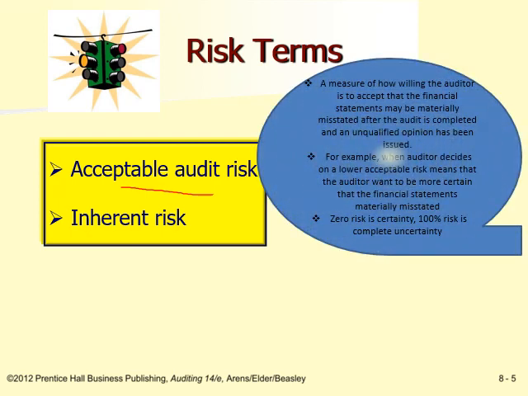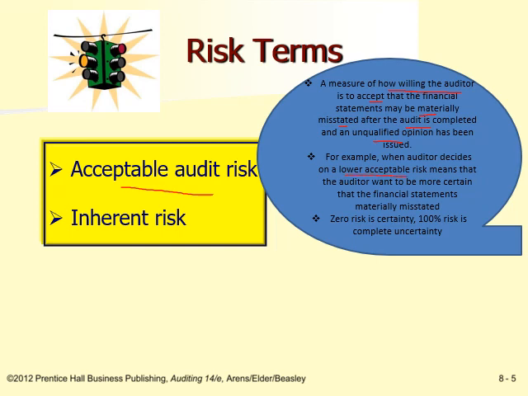Acceptable audit risk is how willing the auditor is to accept that the financial statements may be materially misstated after the audit is complete and an unqualified opinion has been issued. So after the auditor has done the audit procedures, how willing are they to accept that there may still be a material misstatement in the financial statements? For example, the auditor decides on a lower acceptable risk.